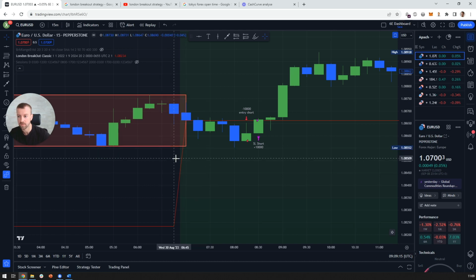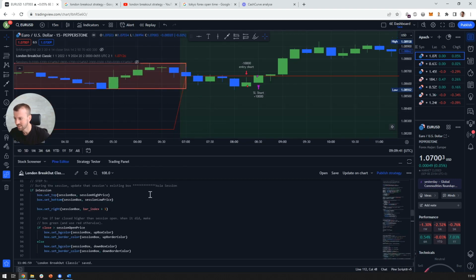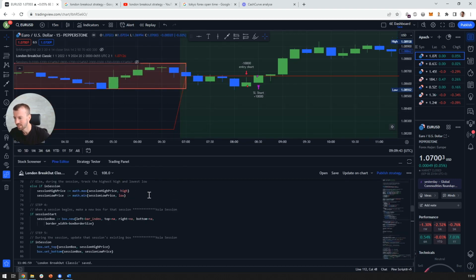This is something that we can do as well, but for now that should just work as a demonstration of how easy it is to actually change it. Yeah, and as you can see, it's quite straightforward.